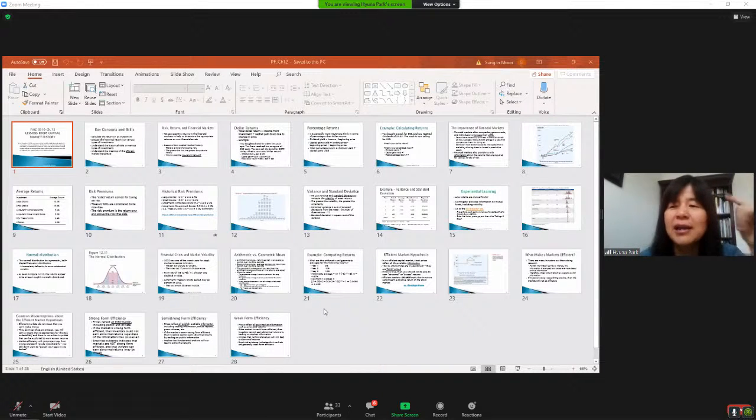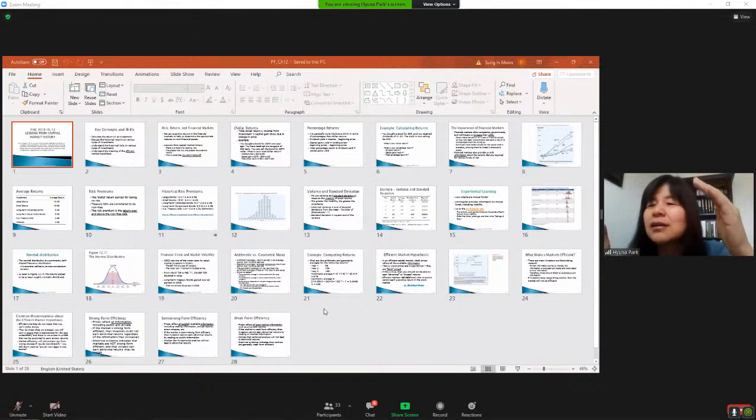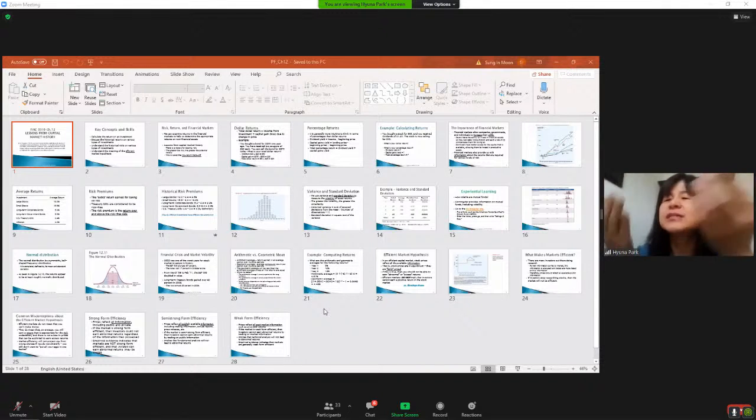So that's why in chapter 12, we are taking a closer look at the history of the capital market to learn about what kind of returns risky assets earned. The most important lesson is that there is a trade-off between risk and return.